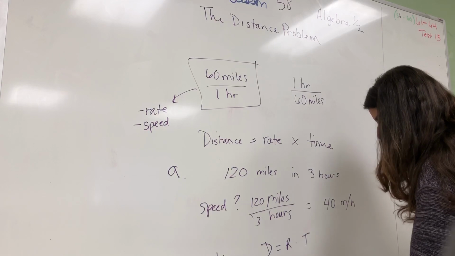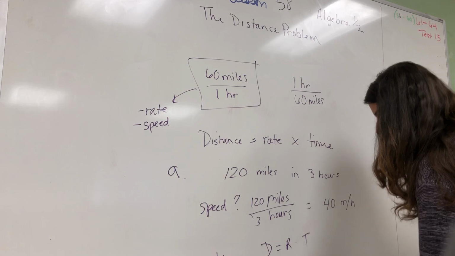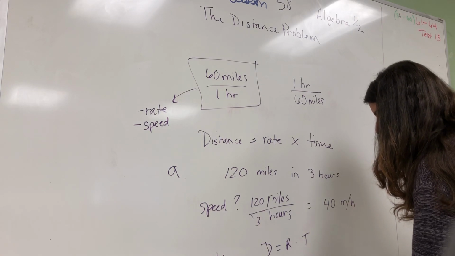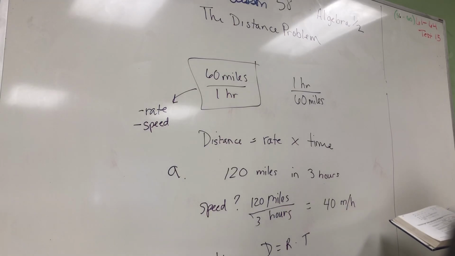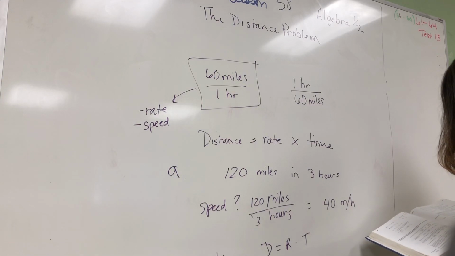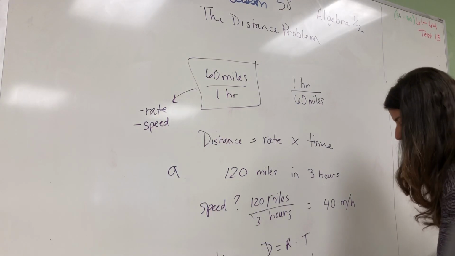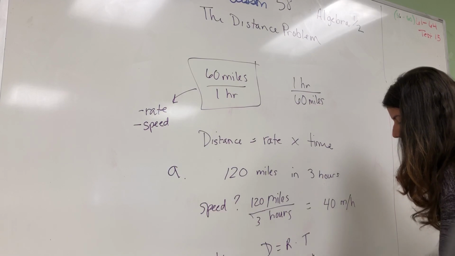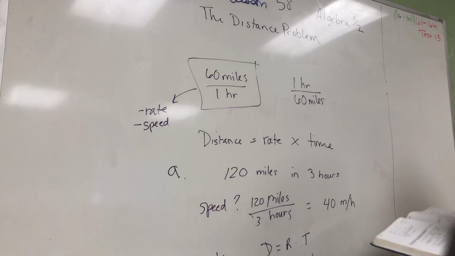40, and we'll put M for miles, in 1 hour. And then we're looking for T, we're looking for time. So, what do I need to do to find T? I have to multiply by the reciprocal.